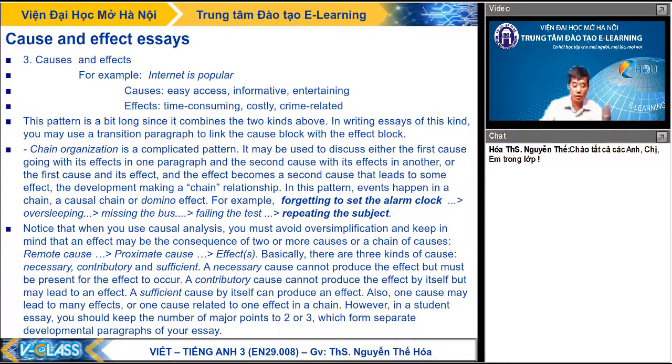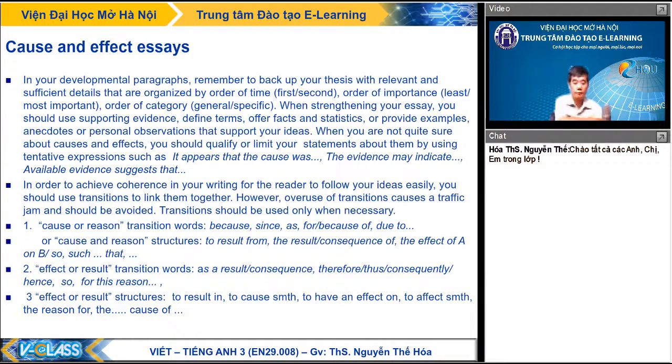And now we move on to the next. Also in a cause and effect essay, in your development paragraphs, remember to back up your thesis with relevant and sufficient detail. Those are organized by order of time. That is the arrangement.